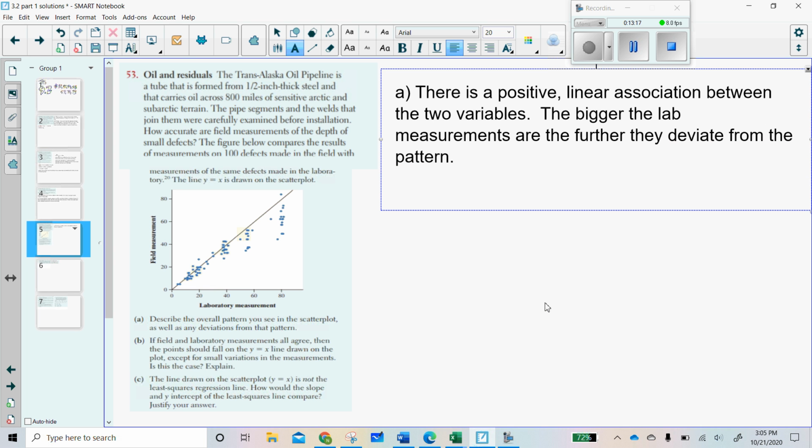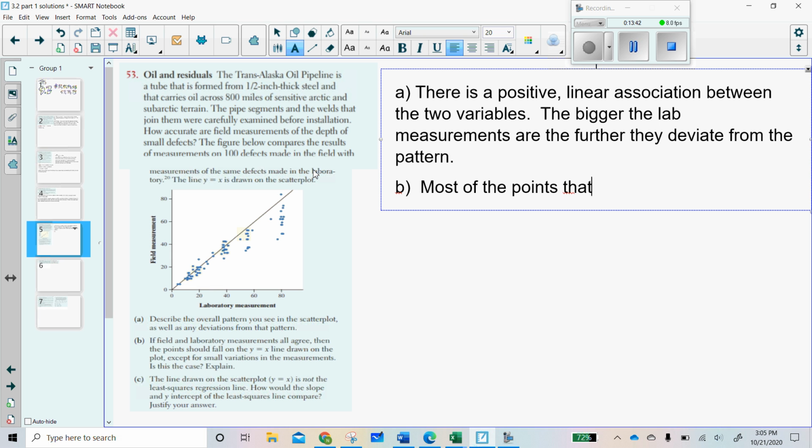Part B, if they all agree, then the points should fall on the line y equals x drawn on the plot, except for small variations in the measurement. Is this the case? Explain. So clearly they don't all fall exactly on the line, especially as you get higher. I would say they systematically fall below the line.